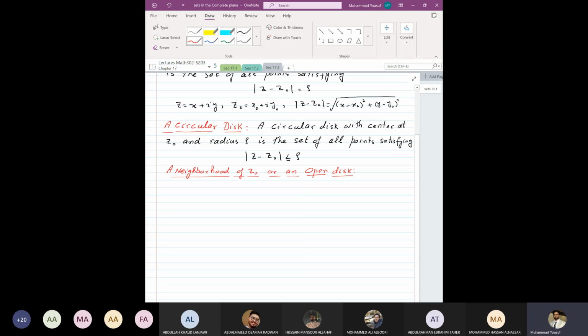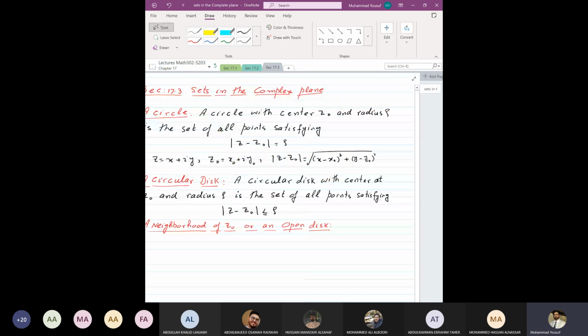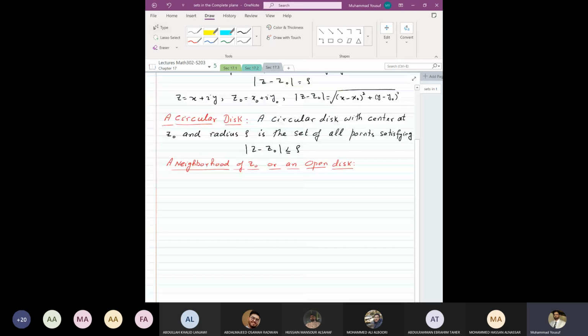What is this? It is Z minus Z0 less than rho.